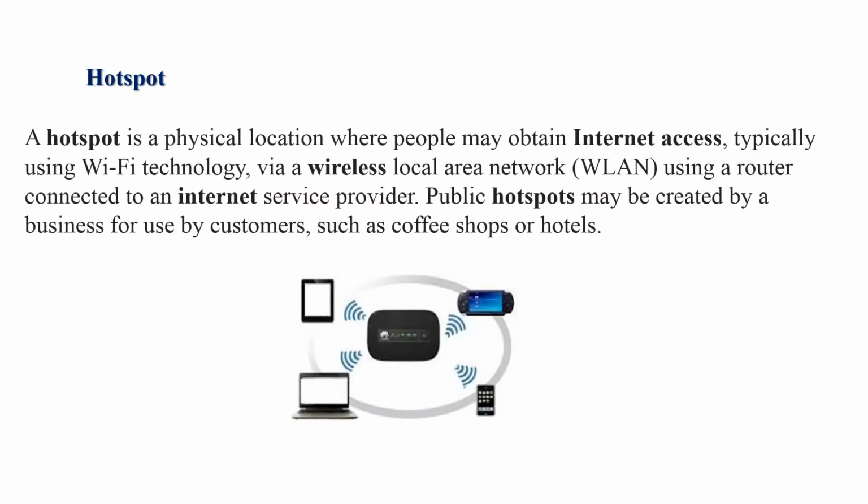Hotspot. A hotspot is a physical location where people may obtain internet access. A hotspot is an area where there is accessibility to a wireless network. Some network devices like laptops and mobile phones have built-in wireless transmitters.